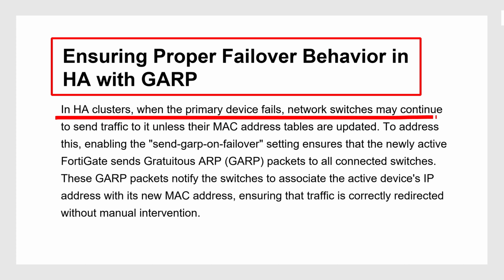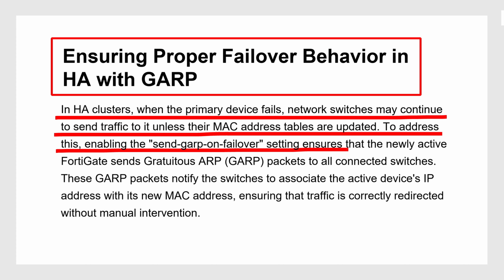When a primary HA device fails, switches might still send traffic to it if they don't realize there's a new active device. By enabling send GARP on failover, the new active device sends out GARP packets to update the switches. This tells them to send traffic to the right place, ensuring a smooth failover.